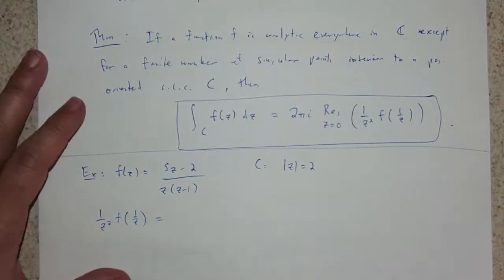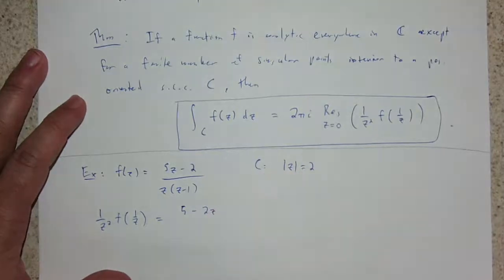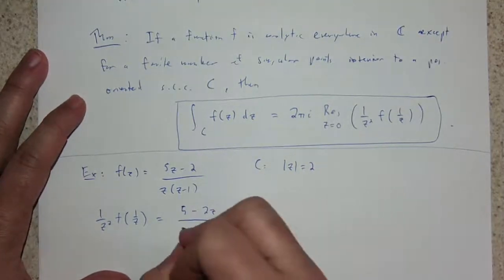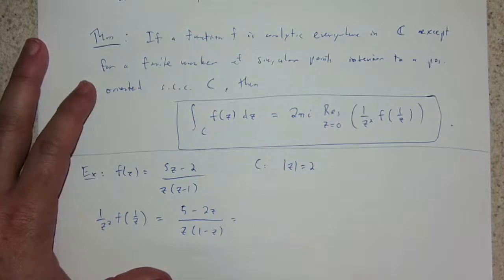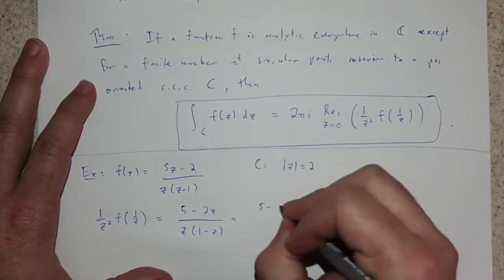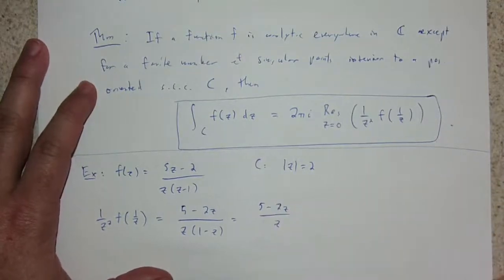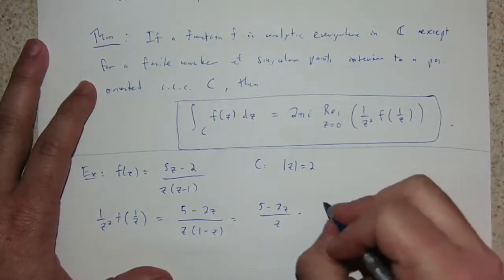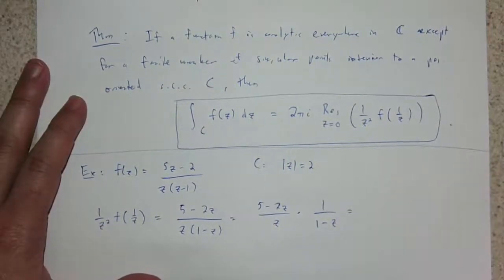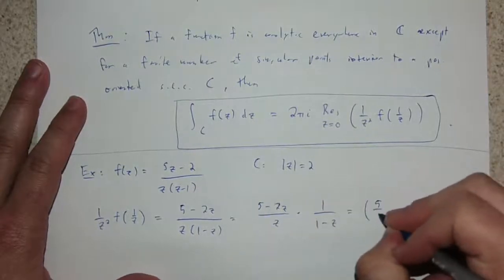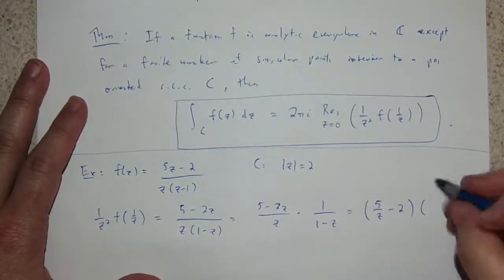Well, this is 5 minus 2z over z times 1 minus z, or this is 5 minus 2z over z times 1 over 1 minus z, which I can write as 5 over z minus 2 times, I can use the geometric sum formula for this thing.